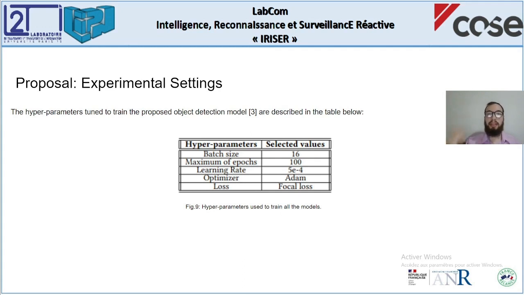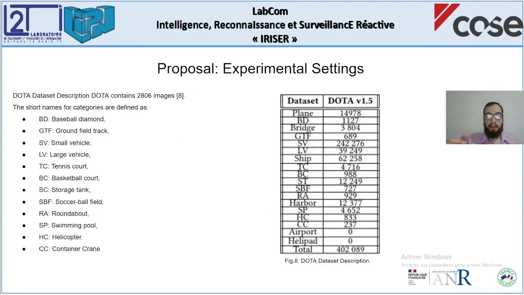We did this as the default for all the models. We got a learning rate equal to 5e-4. We used the Adam optimizer, and as the loss function, we used the focal loss because of our unbalanced dataset.